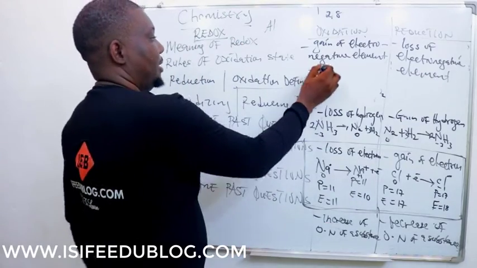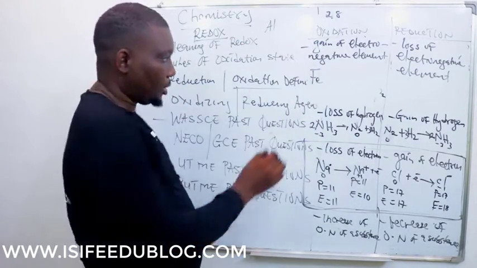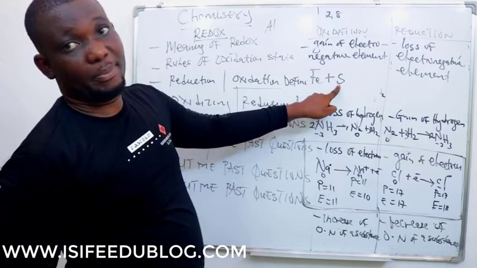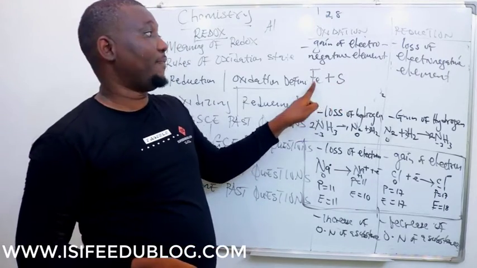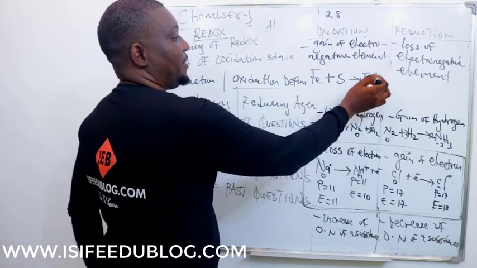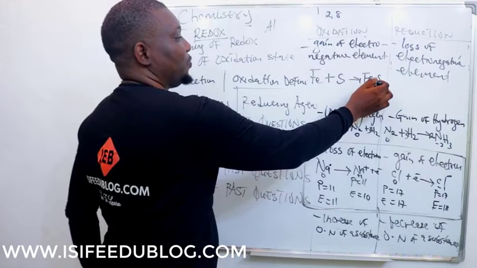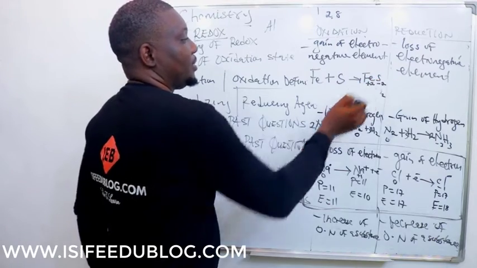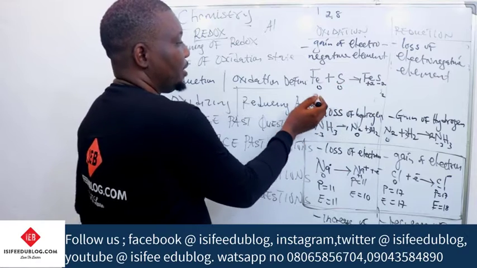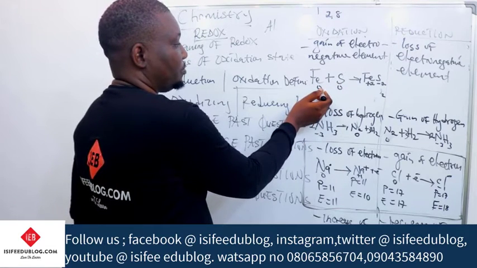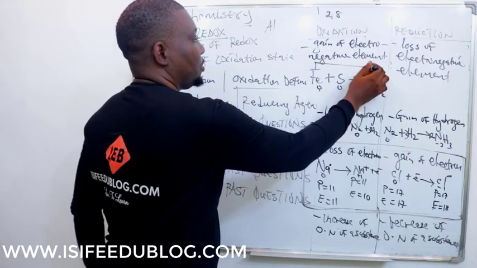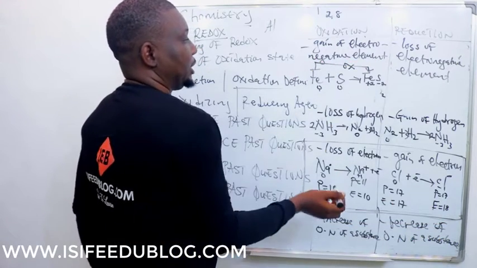Take this, Fe, iron. Suppose I have sulfur here. Sulfur is an electronegative element, more electronegative than iron. So what is going to come out here is FeS. What you have here is iron +2, sulfur -2, and both were 0 before. So iron has changed from 0 to +2. This is oxidation.